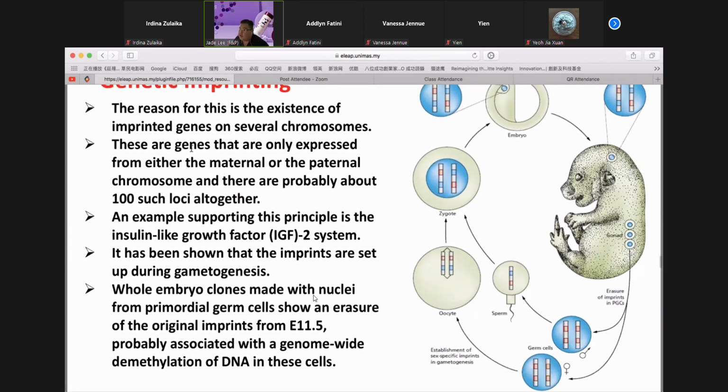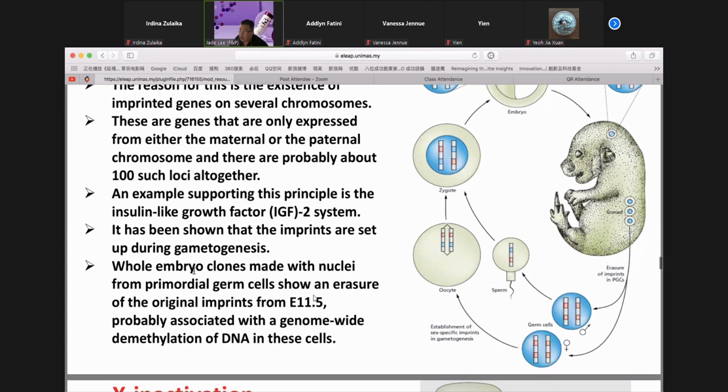So the reason for the existence of imprinted genes on several chromosomes: chromosome 15 is one of them, and there are genes that are only expressed from either a maternal or a paternal chromosome, and there are probably about 100 such loci altogether. An example supporting this principle is the insulin-like growth factor IGF-2 system. It has been shown that the imprints are set up during gametogenesis.